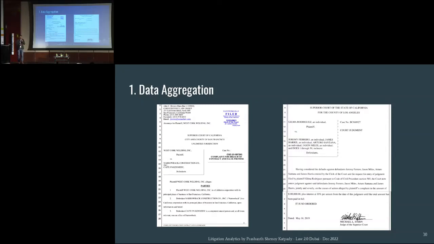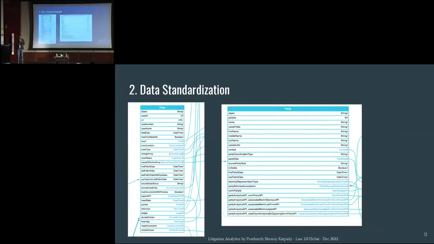To build any product, the most important step for us, once you have this data accessed, is to standardize it. Standardization is a process on its own because, no matter what the source is, it needs to be structured very well internally. This is typically what a case object structured across courts would look like.